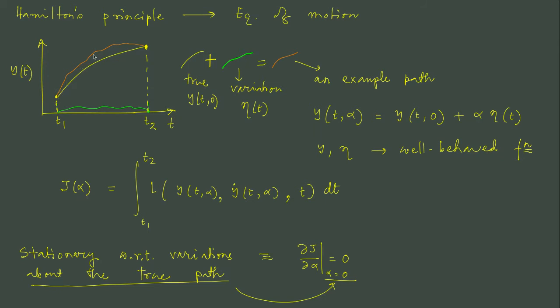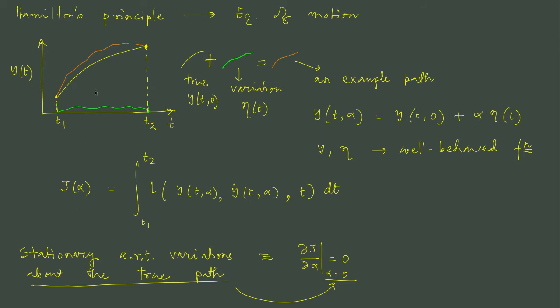Now J as a function of alpha, meaning we are now following this variation, so this broken path, then J as a function of alpha is the integral of L. We replace y by y(t, alpha) and y dot by y dot (t, alpha), and then we integrate over time.